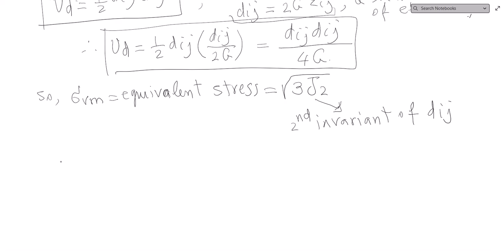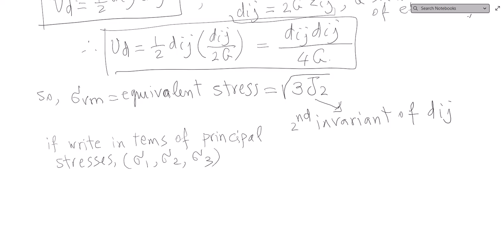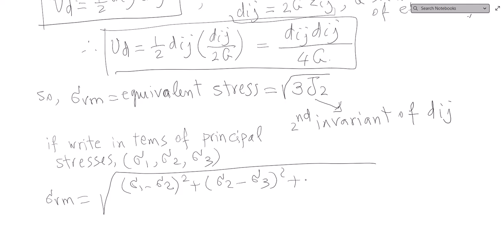Now, if we write J2 in terms of principal stresses sigma 1, sigma 2, and sigma 3, principal stresses of our stress tensor, we will get sigma Vm is the square root of (sigma 1 minus sigma 2) square plus (sigma 2 minus sigma 3) square plus (sigma 3 minus sigma 1) square, the whole thing divided by 2, and the square root.